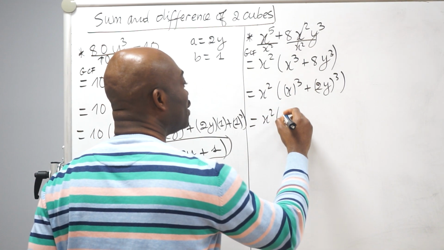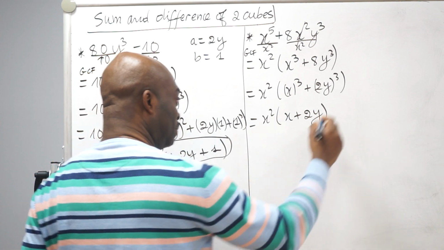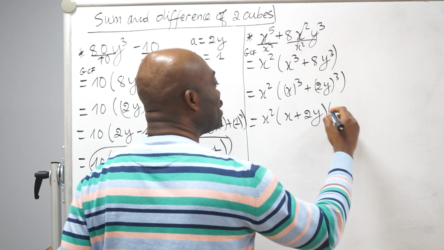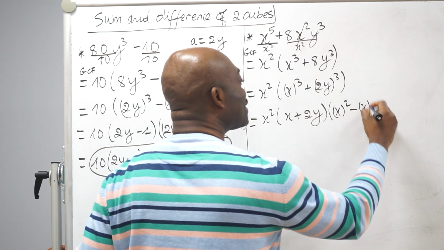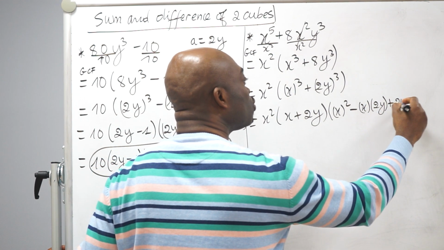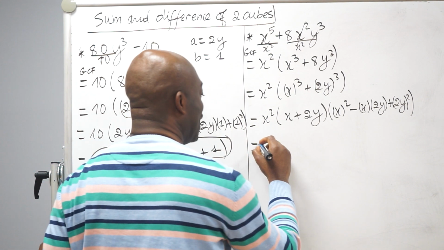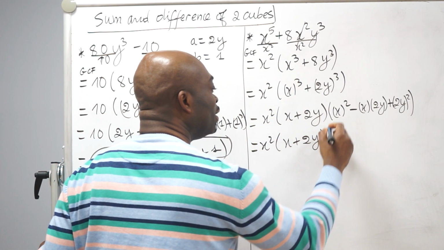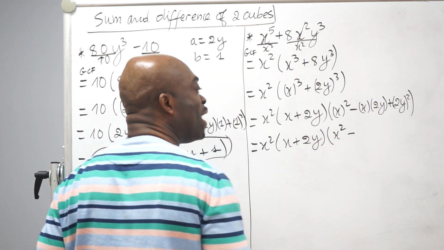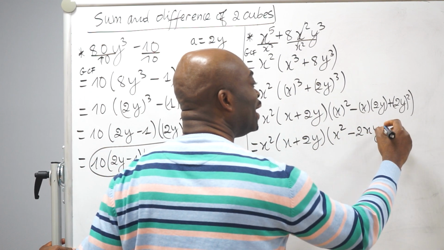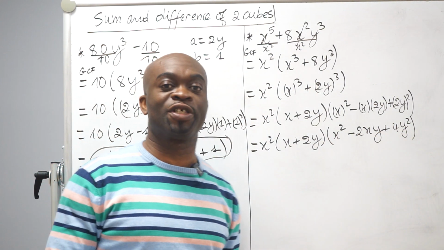That would be x squared times x plus 2y, because A is x and B is 2y, and then x squared, which is x to the second power, minus x times 2y, plus (2y) squared. So x squared times (x plus 2y) times (x squared minus x times 2y, that gives us 2xy, plus 4y to the second power), because 2y times 2y gives us 4y to the second power.